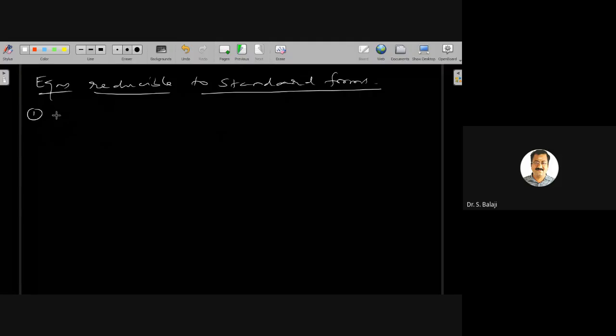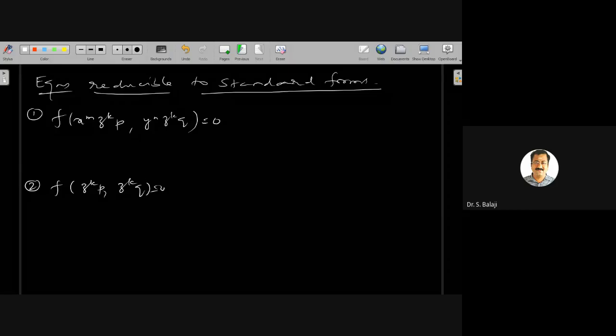equations of the form f of x power m z power k p, y power n z power k q equal to 0. That is the first type. And then the second one is only z power k p, z power k q equal to 0, or you can write f of z power k p, z power k q, with x, y separate.